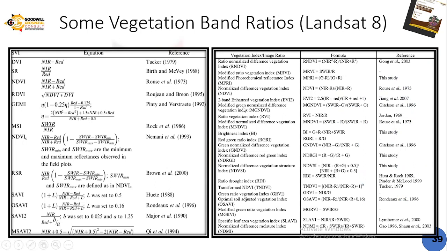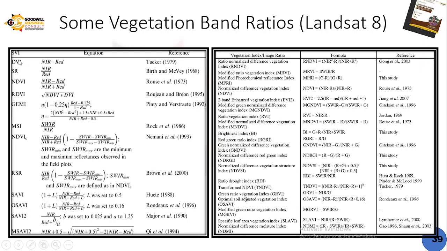Now, some vegetation band ratios. Now we discussed that there might be vegetation in our area of work or area of interest. How can we suppress the influence of vegetation? Now these are vegetation indices to help us do that.